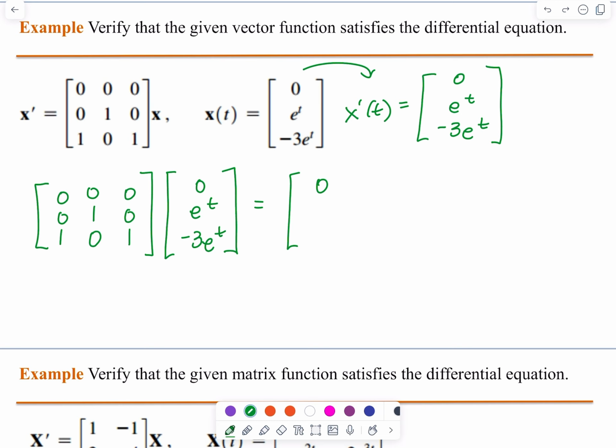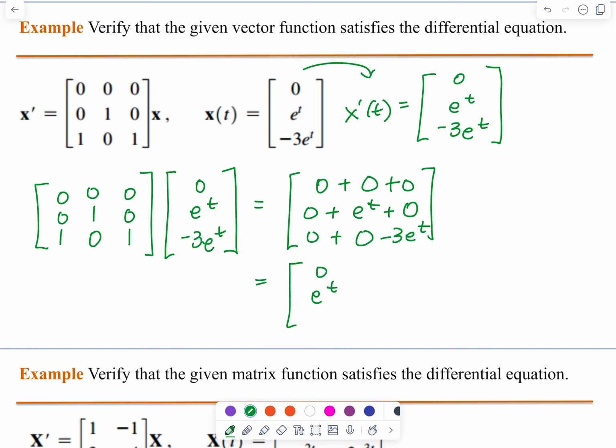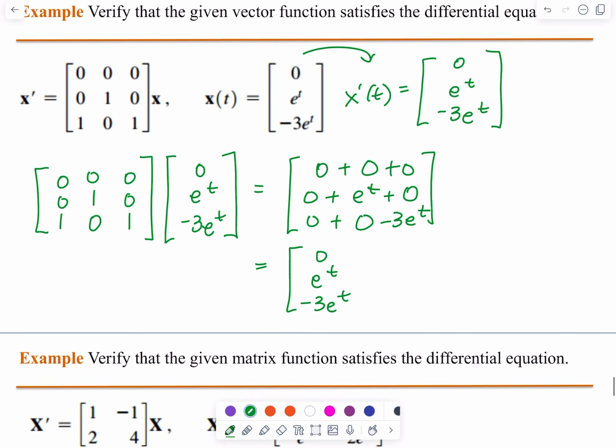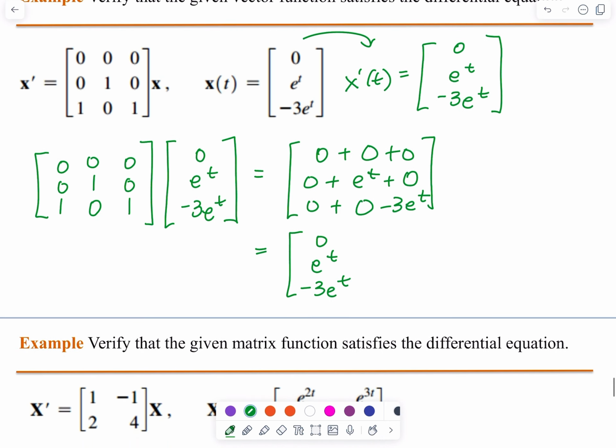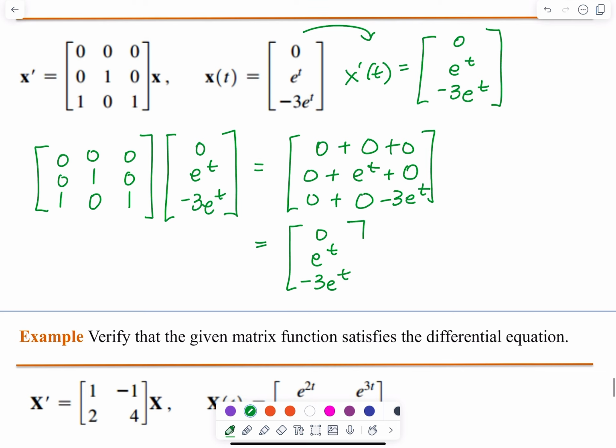So we have 0 plus 0 plus 0, then 0 plus e to the t plus 0, and 0 plus 0 minus 3e to the t. And here we have 0, e to the t, negative 3e to the t. So these are both identical.